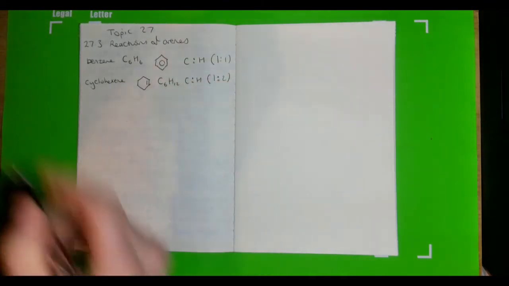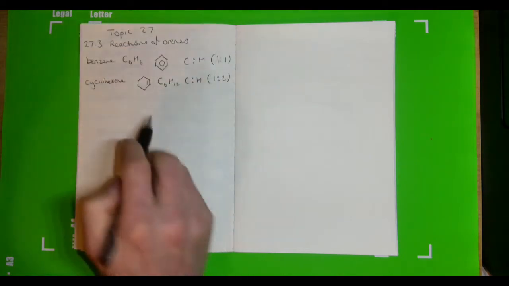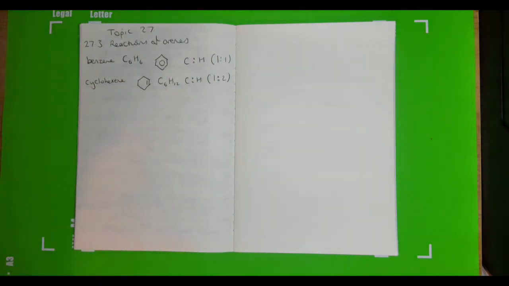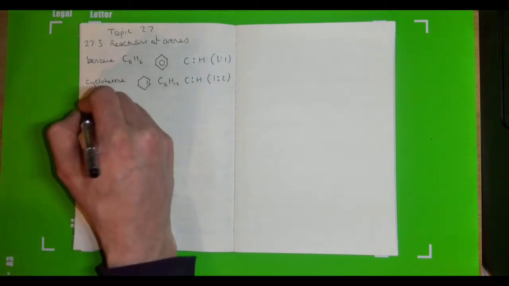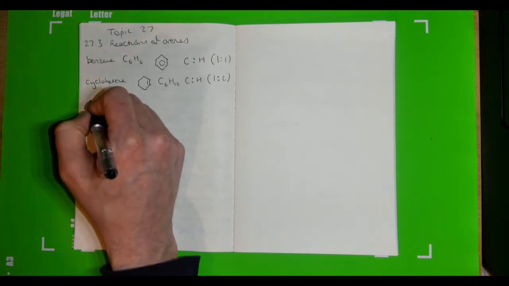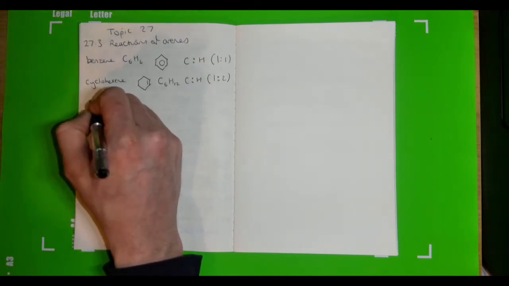So basically, arenes have got more carbon in them than alkenes. And what you find is that makes arenes very, very smoky when you burn them. So arenes burn with a very smoky flame, and that's because they've got lots of carbon in.